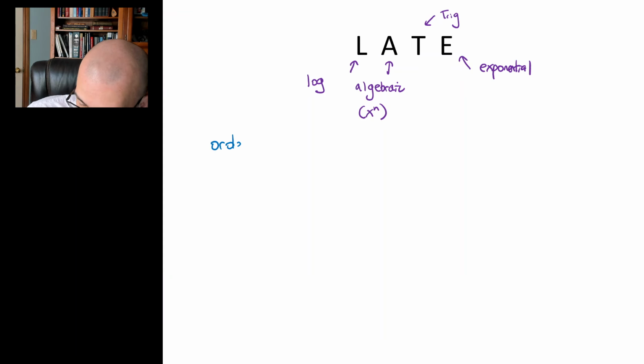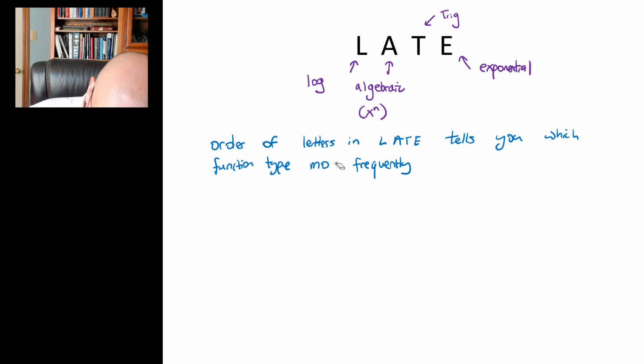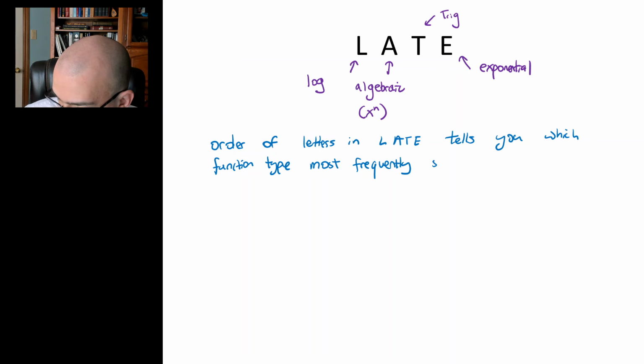So the order of letters in LIATE tells you which function type most frequently should be set to u.